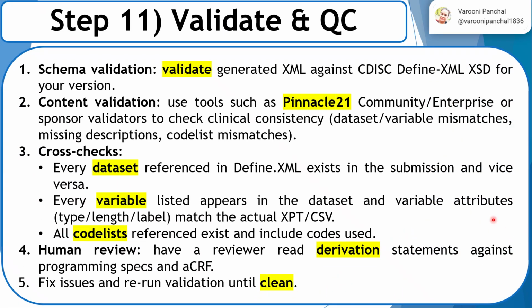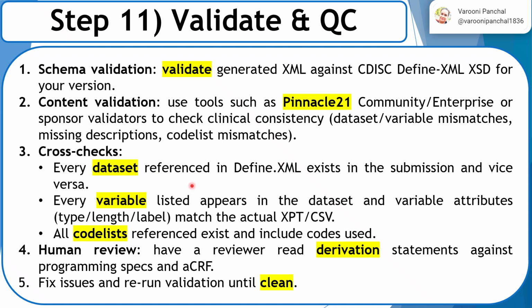Step 11. Validate and QC. Schema validation: validate generated XML against the CDISC Define.XML XSD for your version. Content validation: use tools such as Pinnacle 21 Community or Enterprise or sponsor validators to check clinical consistency, dataset label mismatches, missing descriptions, code list mismatches.